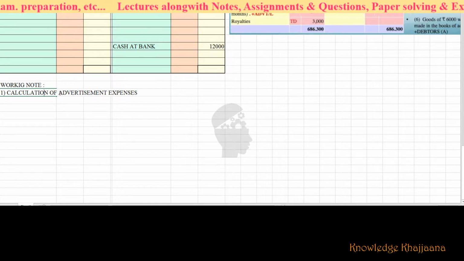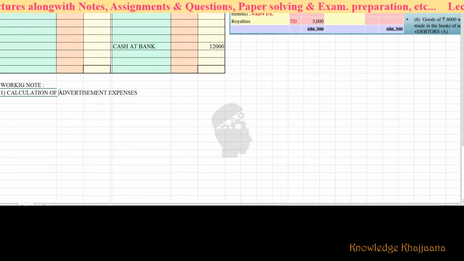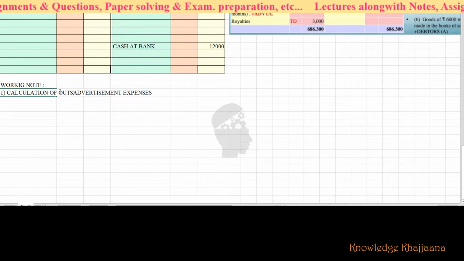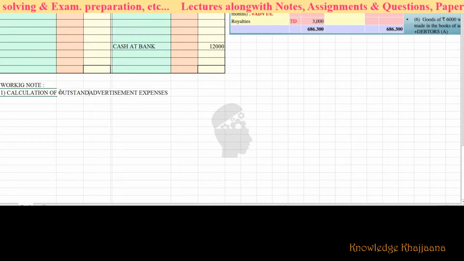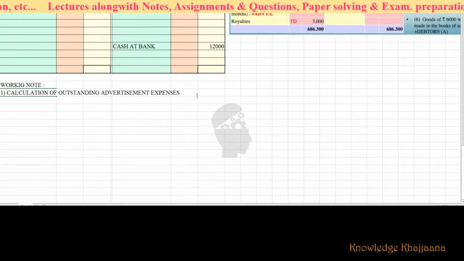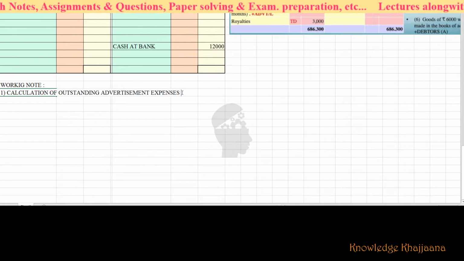Calculation of which advertisement expenses? Outstanding, right? Those are the outstanding because we have not paid the advertisement expenses, right?